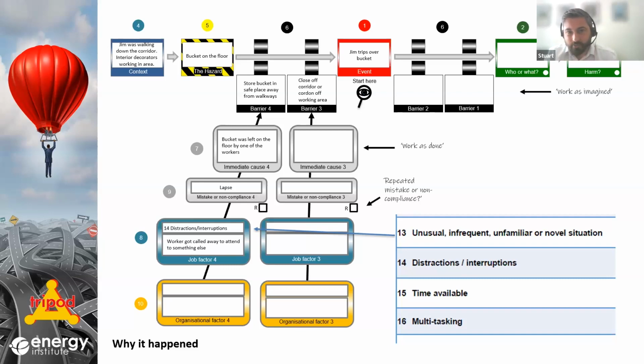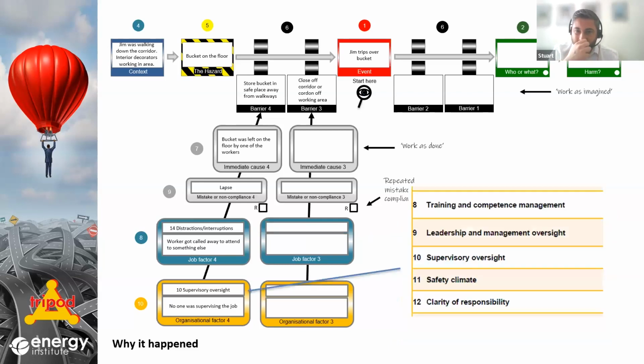The 4th box in the causation path is what we call the organisational factor. The organisational factor is essentially linked to the safety management system. It's what was the weakness in how the organisation manages its operations that made that job factor more likely. So what could lead to distractions and interruptions?